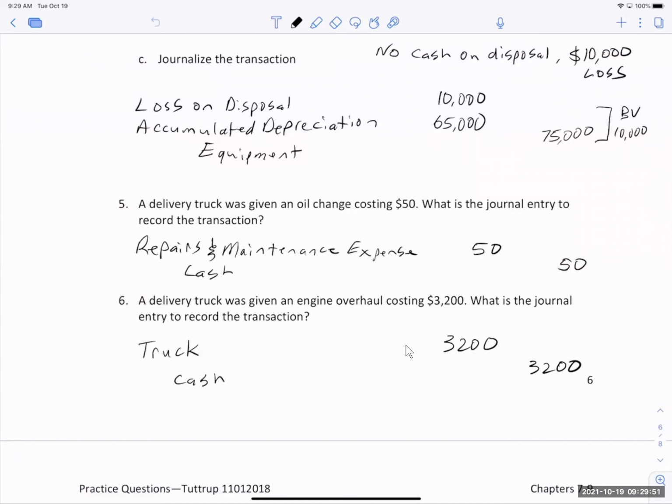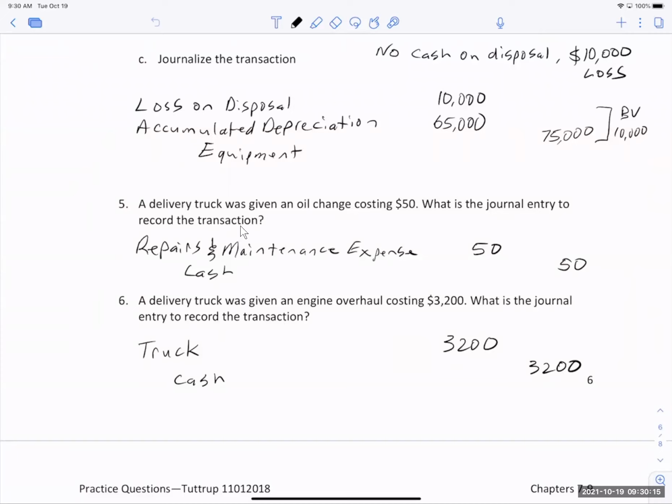If it increases the productivity, like my buddy's apparatus, then it's the truck. But if you have a cost that doesn't increase the useful life or the productivity, then it's going to be repairs and maintenance.